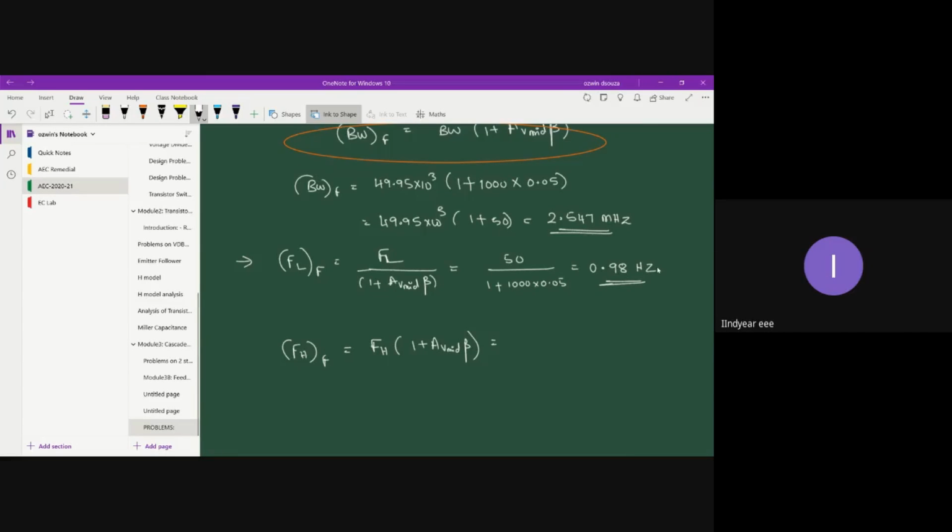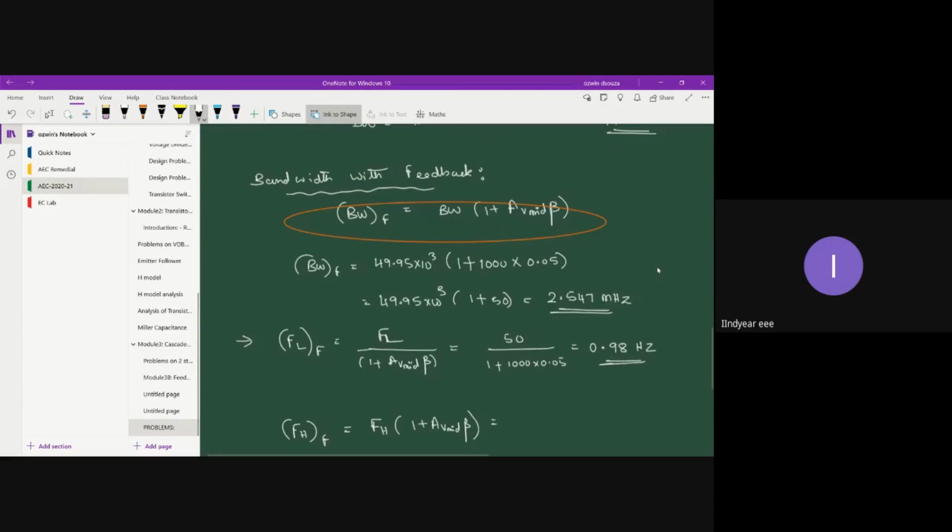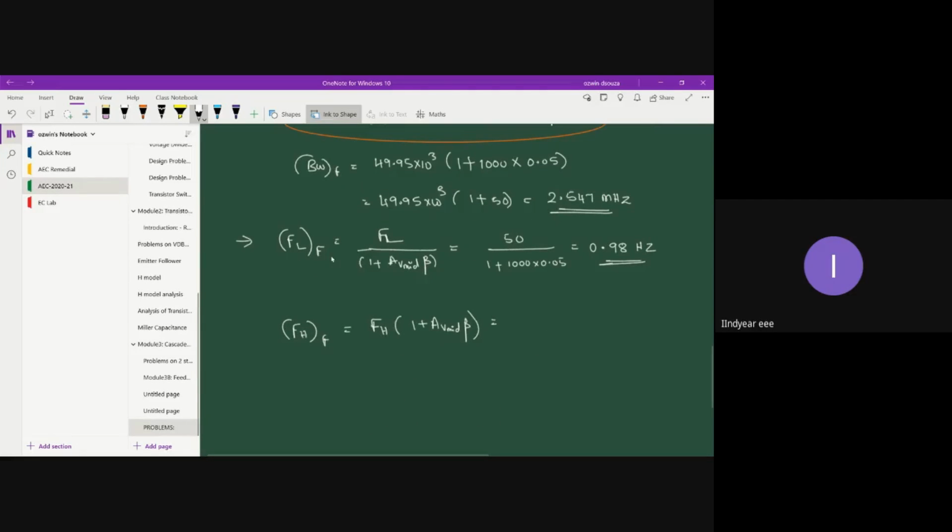You see the effect of feedback on the lower cutoff frequency. Without feedback, it was 50 hertz. With feedback, the 50 hertz value has reduced to just 0.98 hertz, closer to 1 hertz.